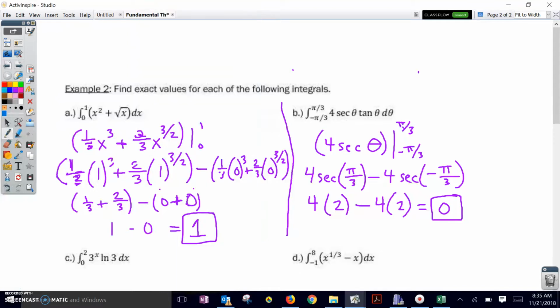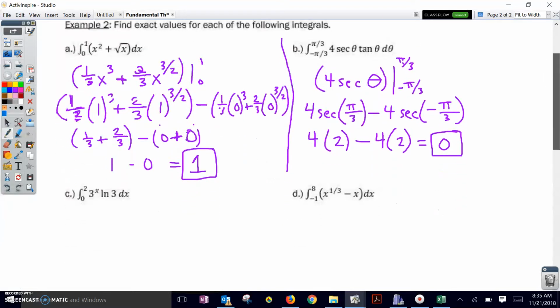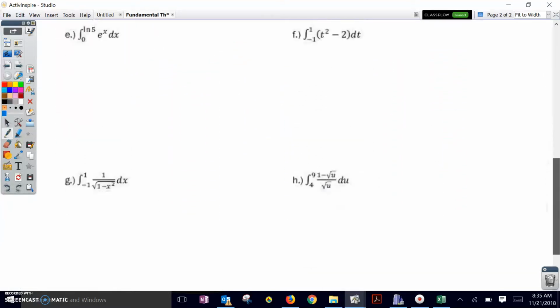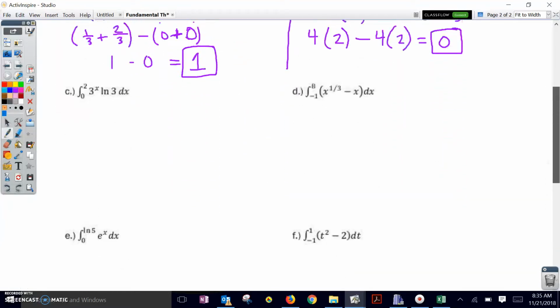So I feel pretty good about what we're doing here. I'm going to stop checking my answers with the numerical integral and just get into finding them now.